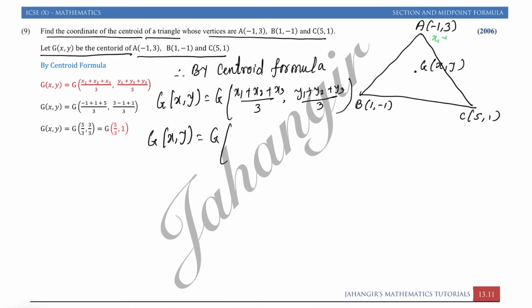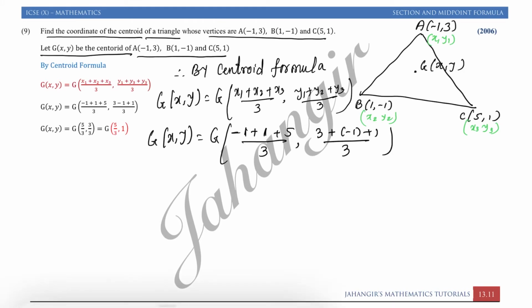So I can write G(x, y) is equal to G, where x1 y1 is A coordinate, x2 y2, x3 y3. So x is minus 1 plus 1 plus 5 upon 3 and y we can say as 3 plus minus 1 plus 1 upon 3.